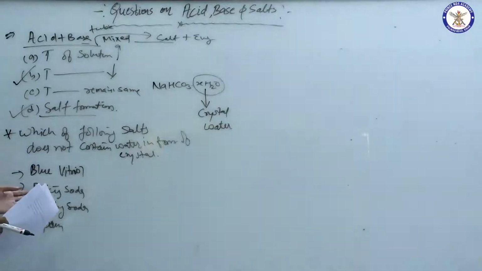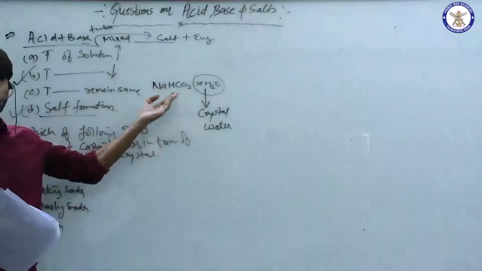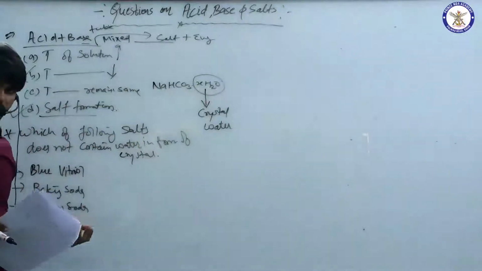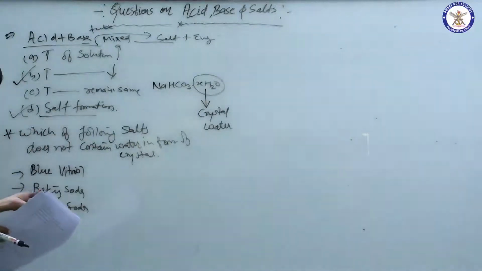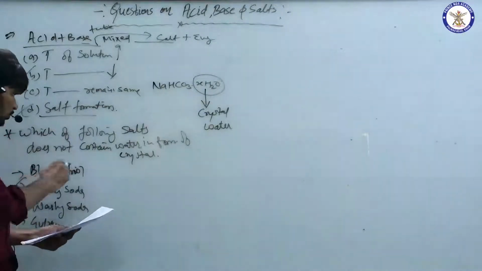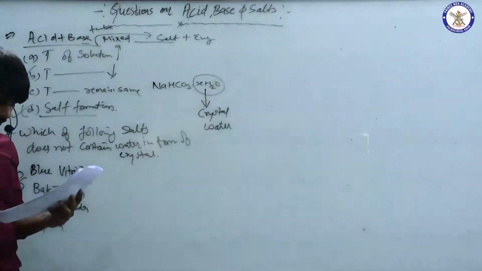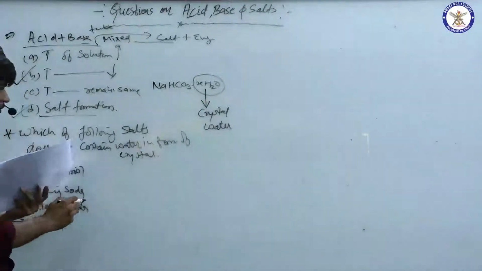Blue vitriol is copper sulfate plus some water. Washing soda is Na2CO3·10H2O, and gypsum also contains some molecules of water. So baking soda is the right answer here, because the question demands the compound in which crystal water is not present.